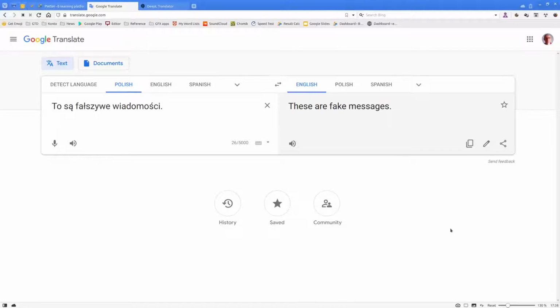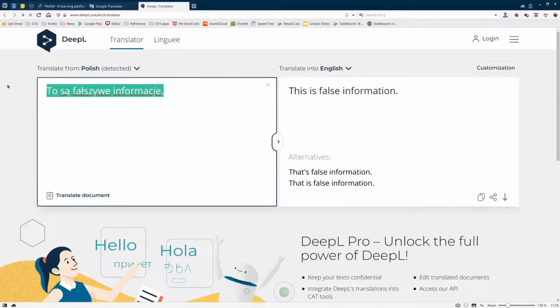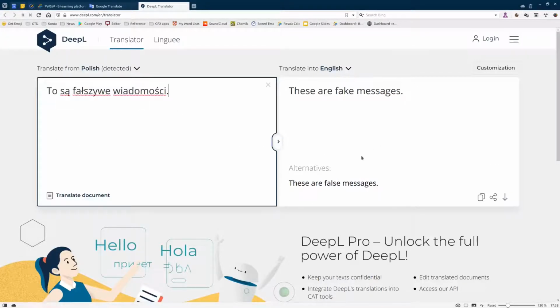Not necessarily messages. But of course, messages are also wiadomości. So a different type of wiadomości. These are false messages.